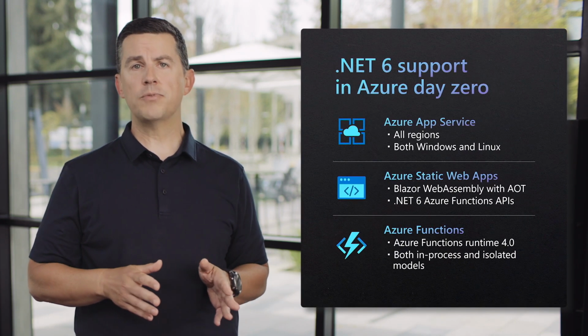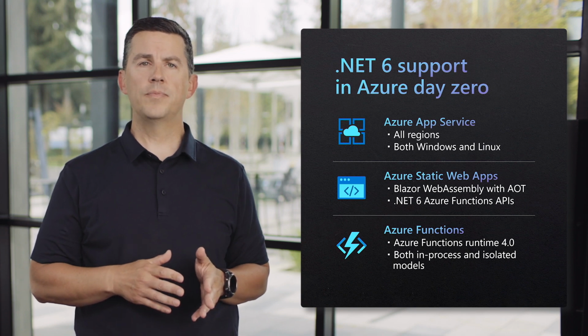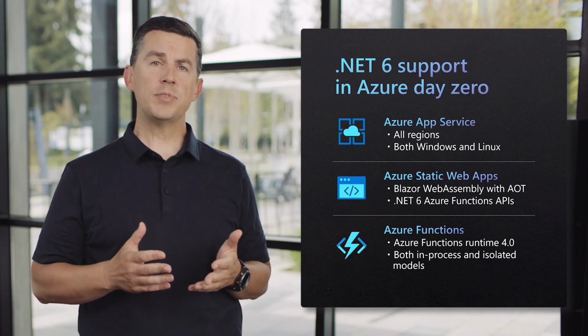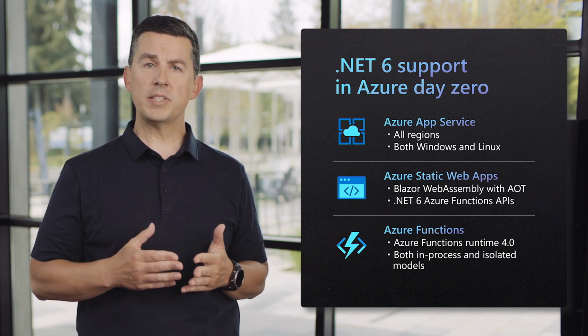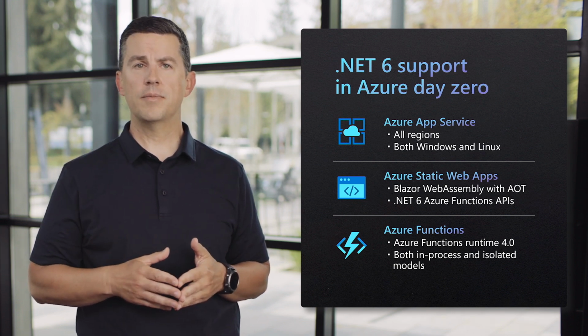code to the cloud. No matter what Azure service you use, you can be confident that .NET is supported. .NET 6 was supported on Azure the same day of its release in November last year. Azure App Service support for .NET 6 is available in all regions for both Linux and Windows. Azure Static Web Apps support full-stack .NET 6 apps with Blazor WebAssembly and Azure Functions.